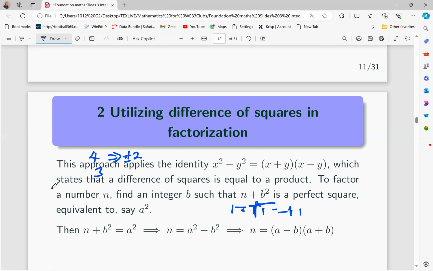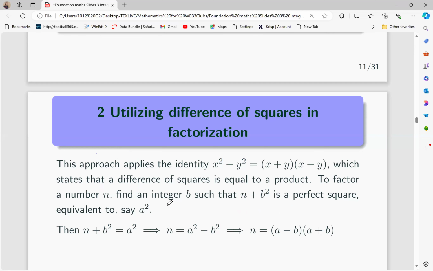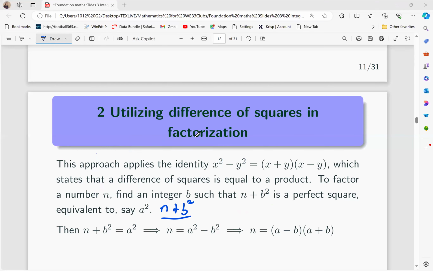But 9 is a perfect square because its square root is a whole number, plus or minus 3. So if we are given a number n, we'll be looking for another number b, which when you add b squared to n, what you get is a perfect square.